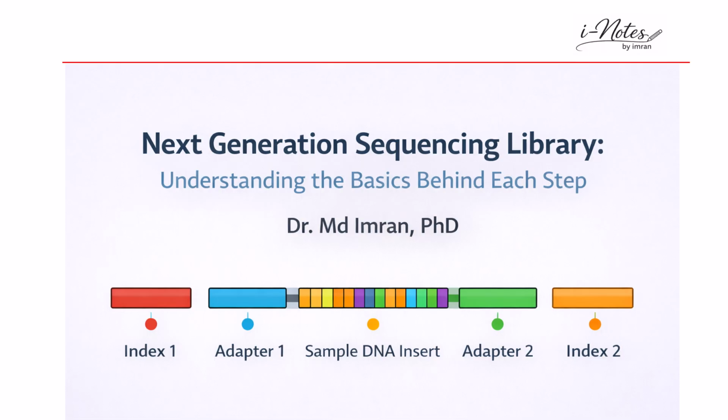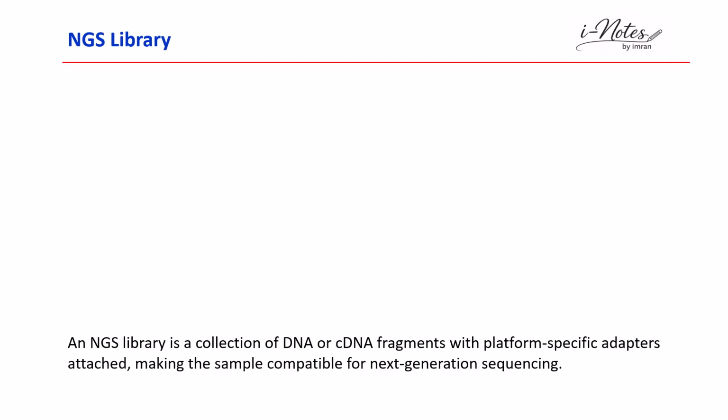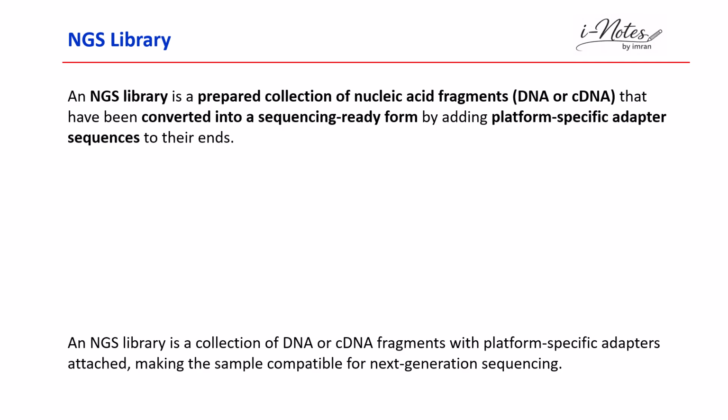So before going into the details, let's try to understand the definition of an NGS library. As I mentioned, an NGS library is basically the preparation of complex DNA into DNA fragments that are sequencing ready for the different sequencing platforms.